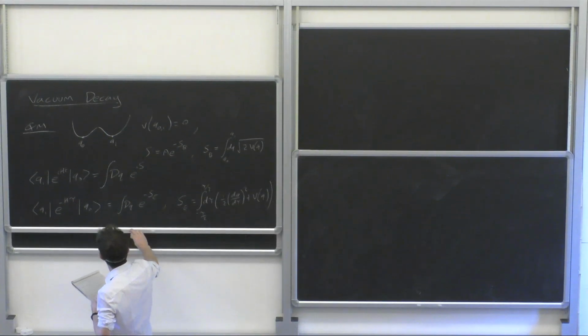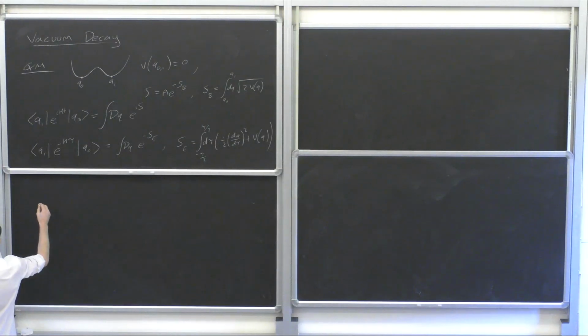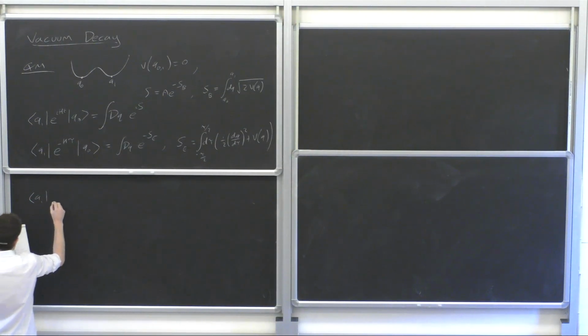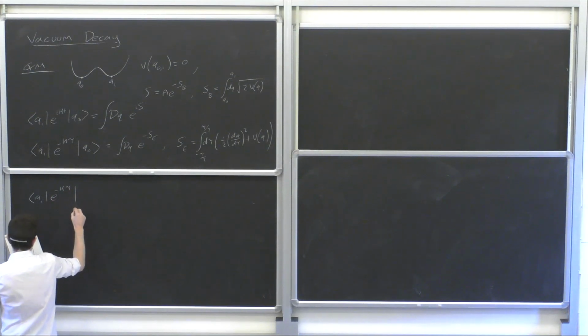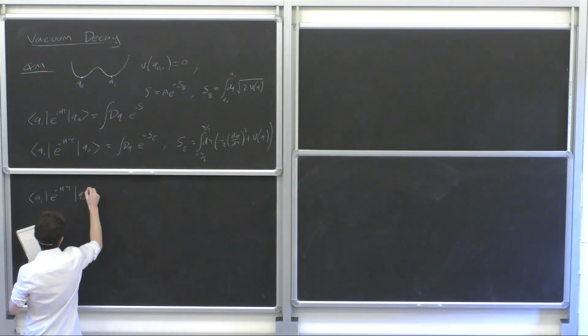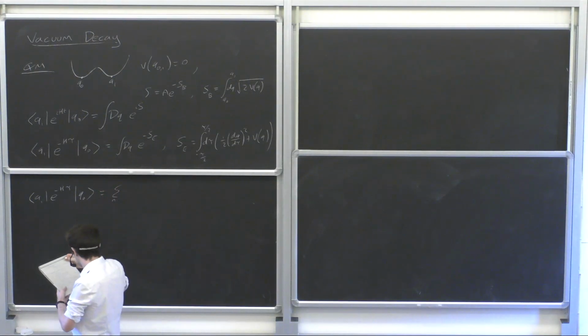Maybe another useful thing to point out, just to connect with what follows, is that we can also write the amplitude from Q0 to Q1 of e to the minus H tau as a sum over energy eigenstates.